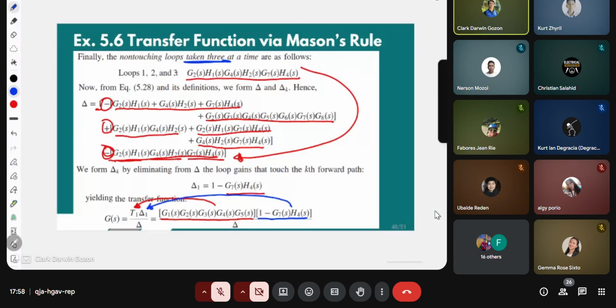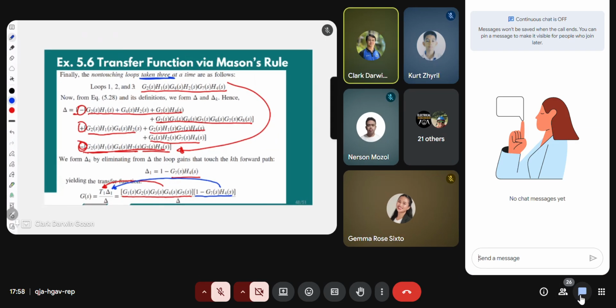Question so far? Naa question about this one? Naay pangutana? Lisod ba or dili? Medyo kuti lang siya, no? Pero actually, dili man siya lisod. Systematic lang. Systematic.